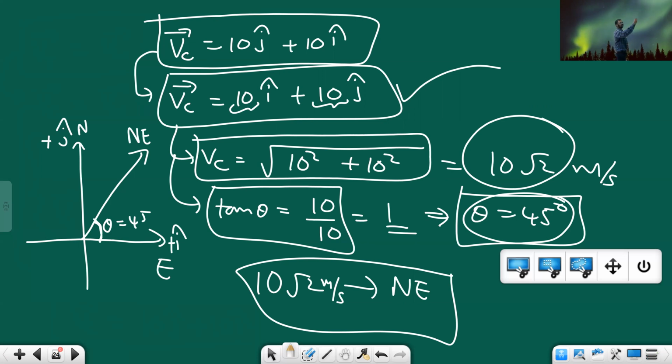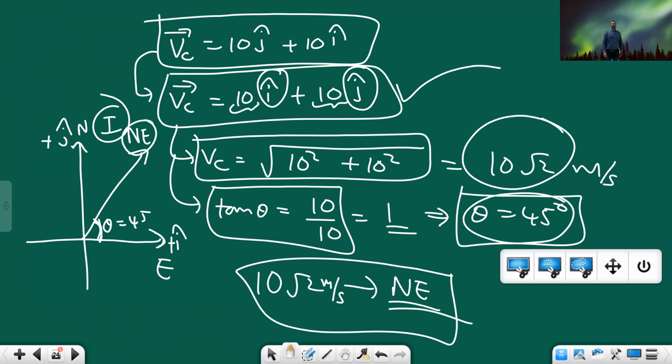I cap positive and J cap positive means first quadrant, theta 45. First quadrant means north and east, exactly between, northeast. So finally I got northeast. That is how to solve problems related to relative velocity. These are the two methods, both I explained to you. I hope you are clear here.